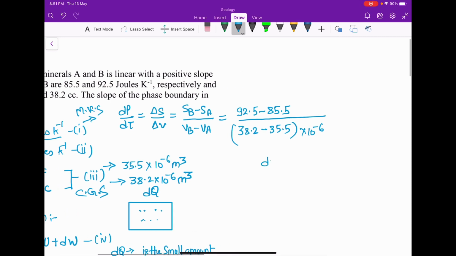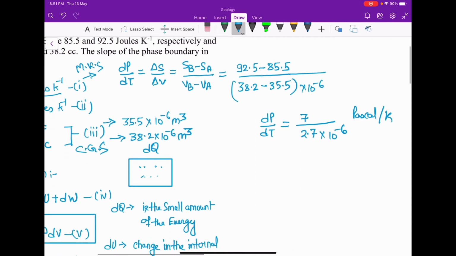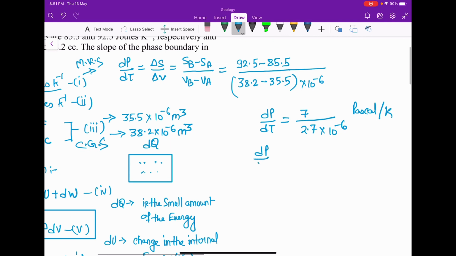So dP by dT equals 7 divided by 2.7 into 10 to the power minus 6, and the unit will be Pascal per Kelvin. So dP by dT equals 2.59 into 10 to the power 6 Pascal per Kelvin.